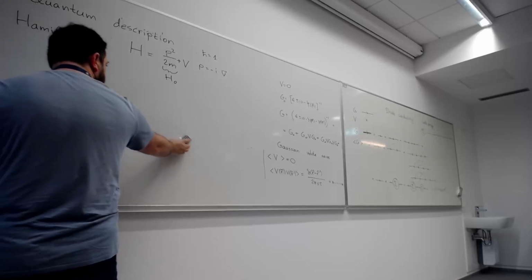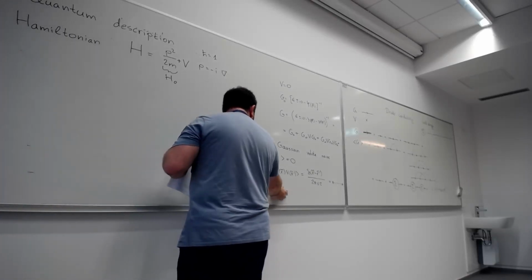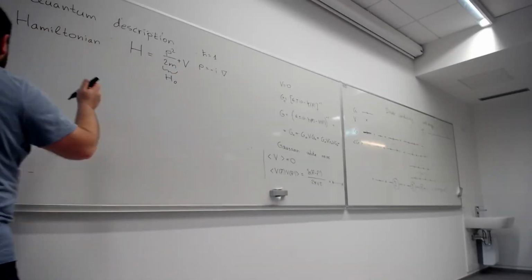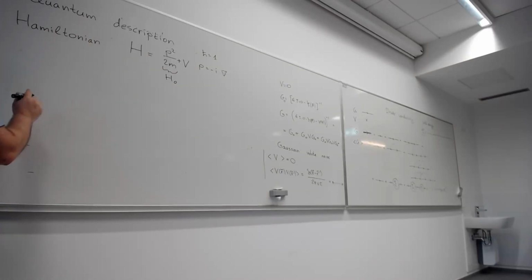That's why we will do it approximately, and the approximation is based on the following parameter: the Fermi momentum times the mean free path. We will assume it to be large, or the Fermi energy times the mean free time. It's actually the same thing.